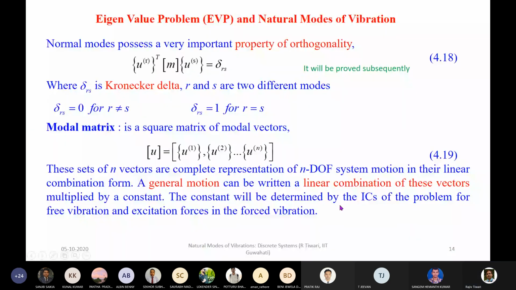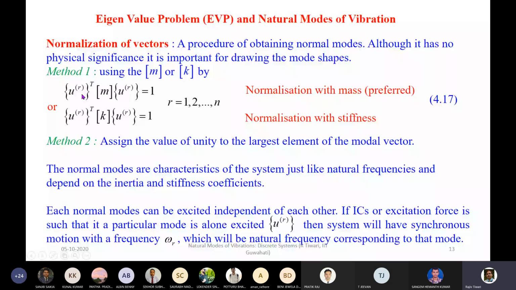We normalized the eigenvector with respect to the mass matrix in the last class, and we said this will be preferred because with this kind of normalization, the equation of motion will be simpler. I think through an example it will be clear today.